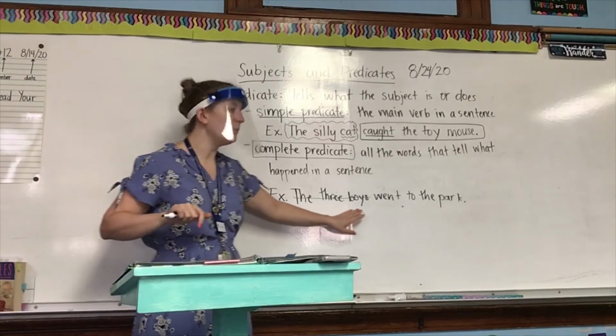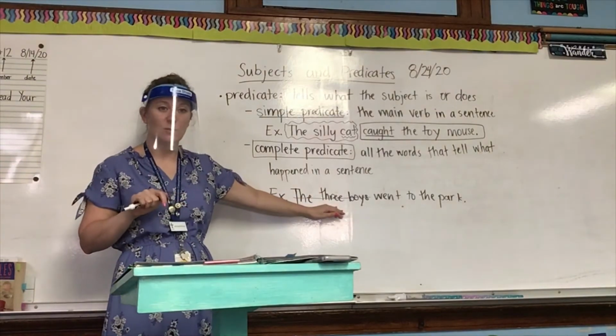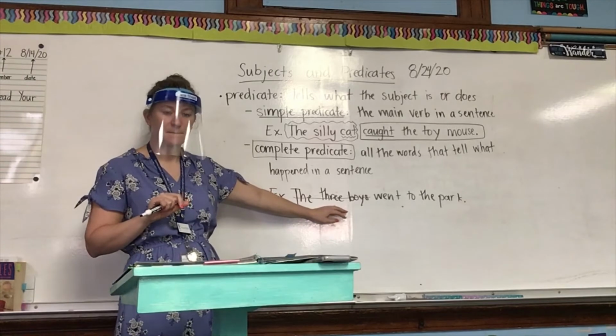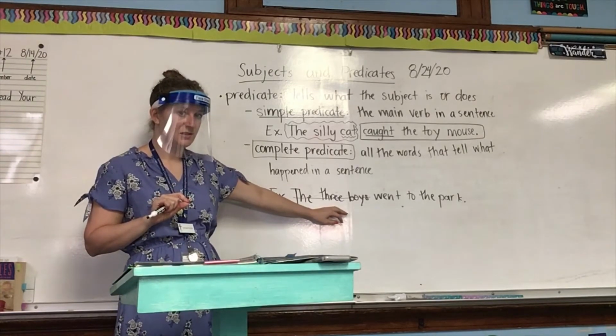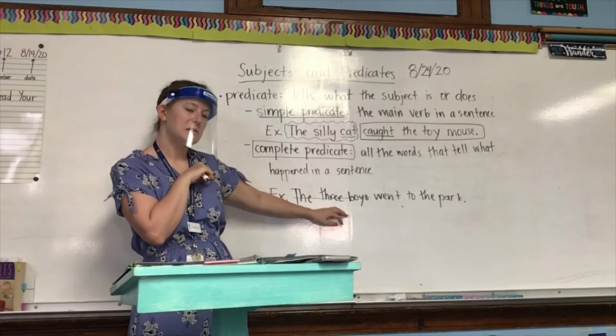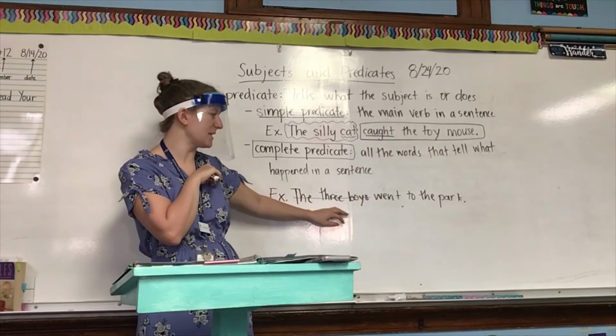So we know the three boys will not be a part of our predicate because that is the what, Smith? The three boys are the subject. The simple or complete? Simple. Is it? Remember, simple is one word.